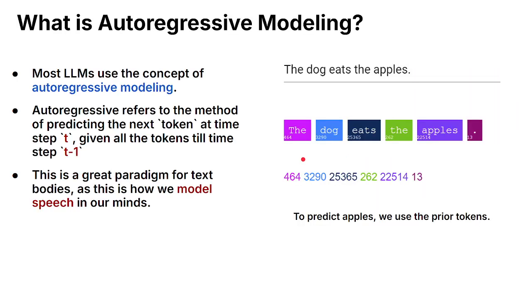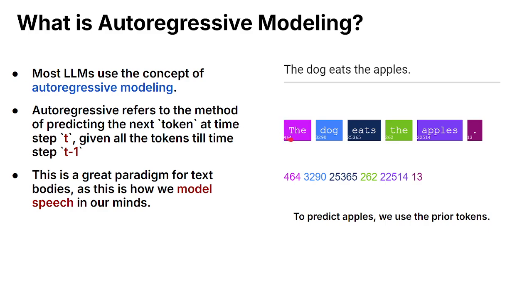All right, so let's first talk about what autoregressive modeling really is. Autoregressive modeling is something that all LLMs use in transformers, and it is basically a technique that uses causal inference. What I mean is we try to predict the next token or word given all the tokens we have encountered before. So let's say that we want to predict the word apples in this sentence.